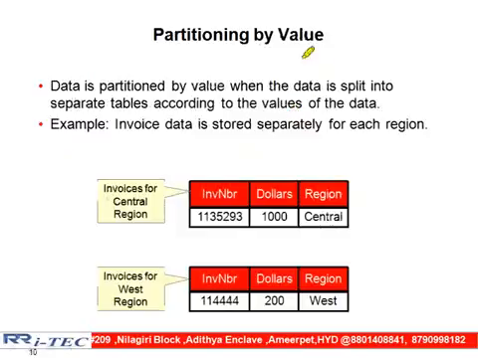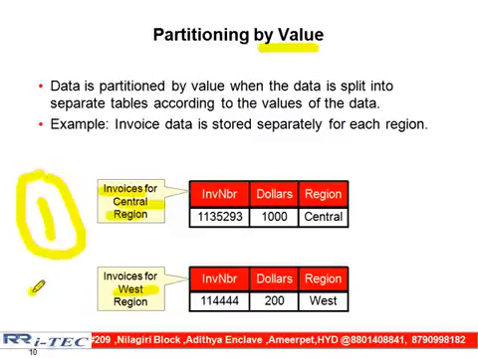Now, partitioning by value. If you see here, invoices for central region we are storing in this table. Invoices for west region we are storing in this table. Suppose a customer came saying my region belongs to central, then we push the record here. If they say they belong to west, we push it here. So based on the region value, we decide where to keep the record.